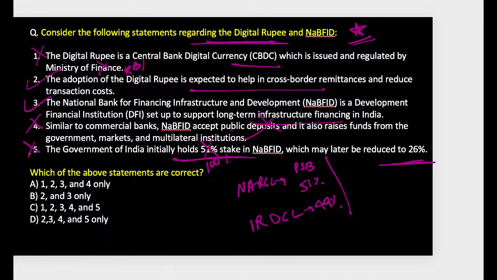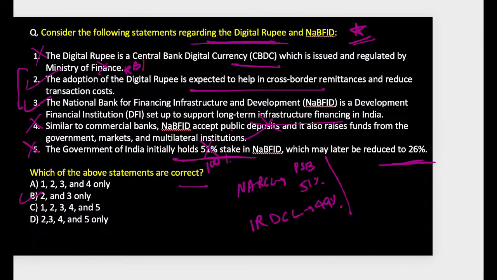This is also wrong. So what we have to find out: the correct statements are only two, 2 and 3. 2 and 3 means option B will be the right answer for this particular one. Devendra sir, Indra ma'am, Tanmay sir, Manjunath sir, only Raju sir marked the correct answer for this one. The rest all went wrong.